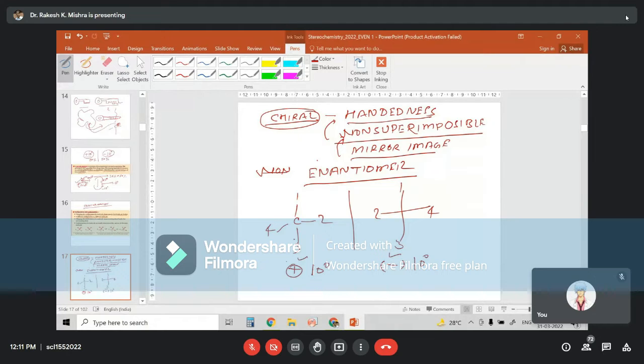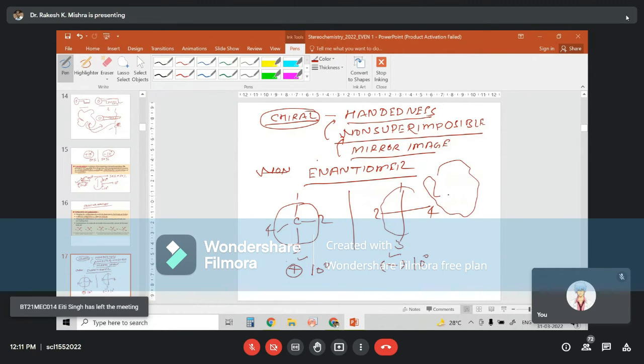Then there is the reaction towards an optically active compound. Suppose one enantiomer is reacting with some protein structure. Its rate of reaction will be different for each enantiomer towards this protein structure, because protein is chiral.